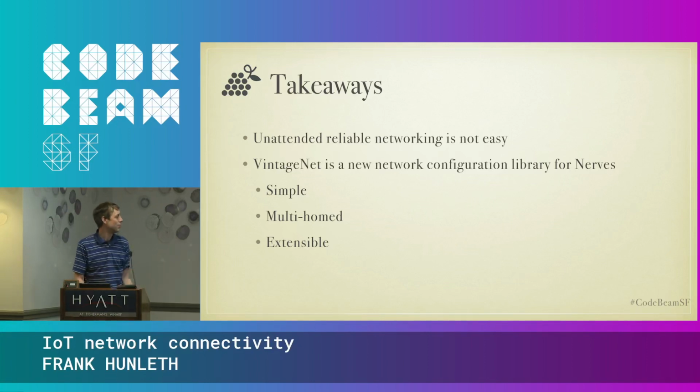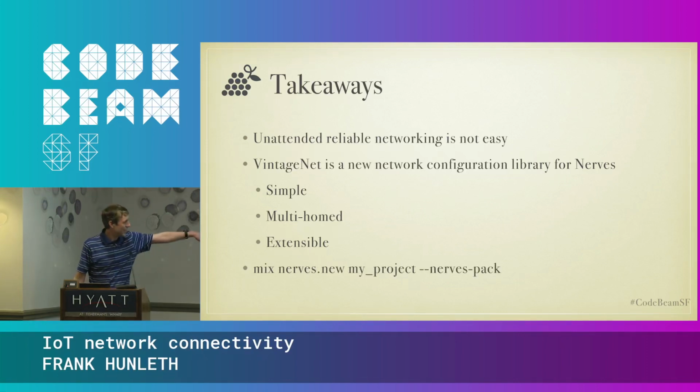The other takeaway is that it's extensible, because there are just a number of network protocols and devices, and those of us working on the software just can't write everything. The last takeaway is, if you're starting a new project, do this: the --nerves-pack option will cause the new project generator to generate something that's compatible with VintageNet and pull in a lot of the dependencies that will get you off the ground quickly.